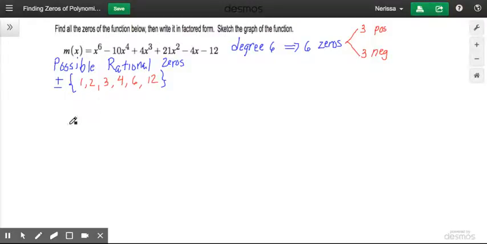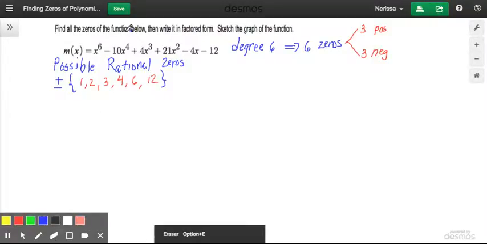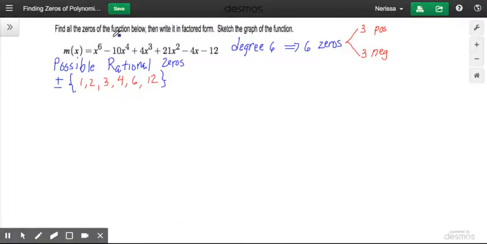So that means that we have to insert here a 0x to the 5th to complete all the exponents. So again, this should be x to the 6th plus, we could put 0x to the 5th minus 10x to the 4th plus 4x cubed plus 21x squared minus 12.